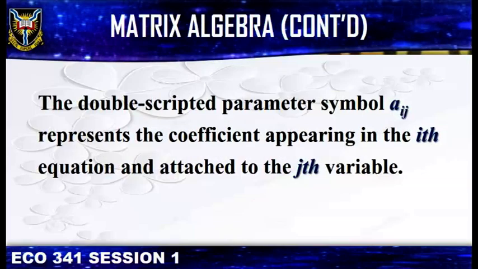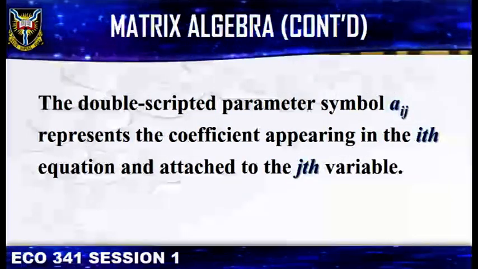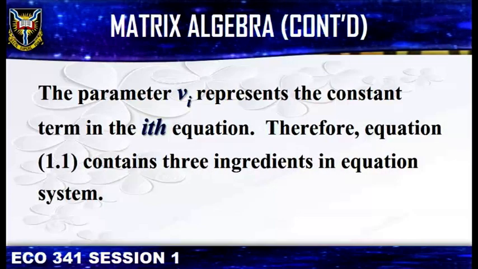The double-scripted parameter symbol aij represents the coefficient appearing in the ith equation and attached to the jth variable. As an example, a32 is the coefficient in the third equation attached to the variable x2. The parameter vi represents the constant term in the ith equation.